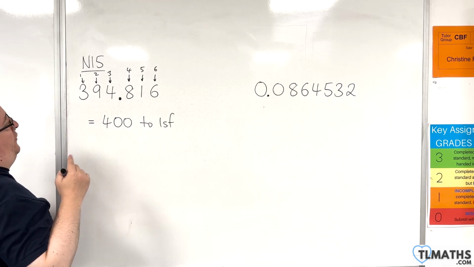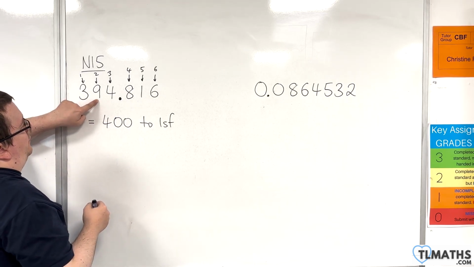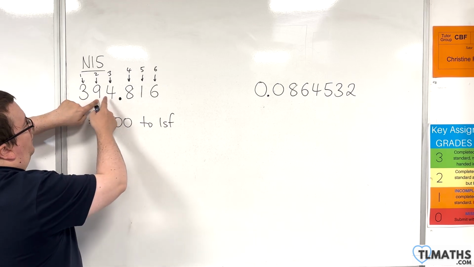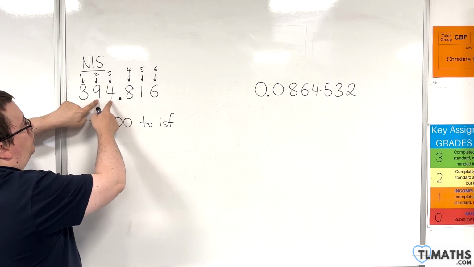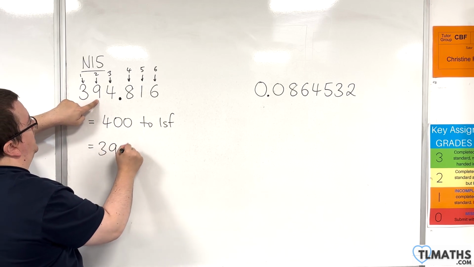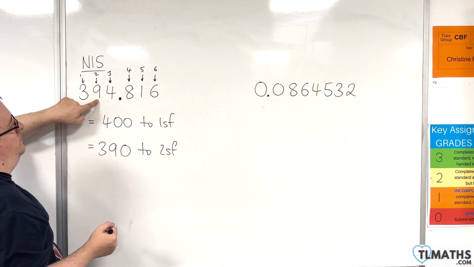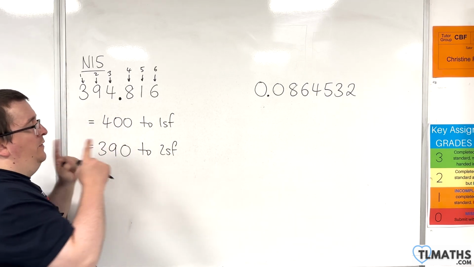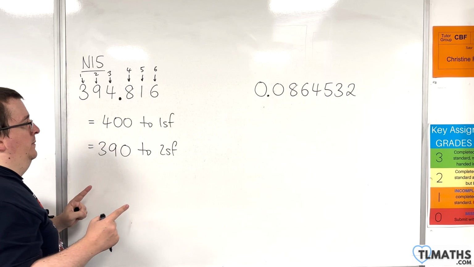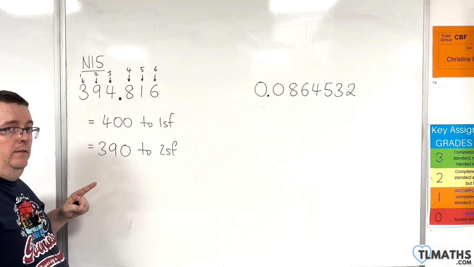If we were rounding to two significant figures, then you look for the second significant figure, and then one to the right, that tells you that you should round down. So this is 390 to two significant figures. Now you'll notice in the context of this example, this is the same as asking to the nearest 100 and to the nearest 10.